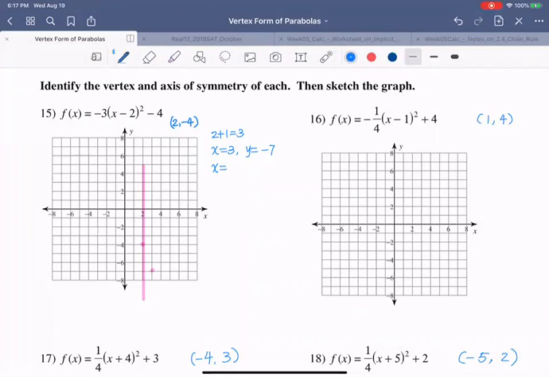So when x equals 2 minus 1, which is 1, then y will equal the same value. You don't need to calculate. But if you want to, x equals 1: 1 minus 2 is -1, squared is +1, so -3 minus 4 is -7.